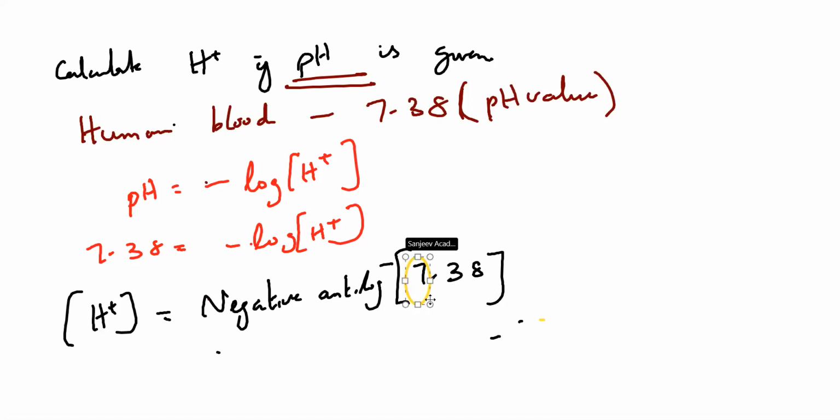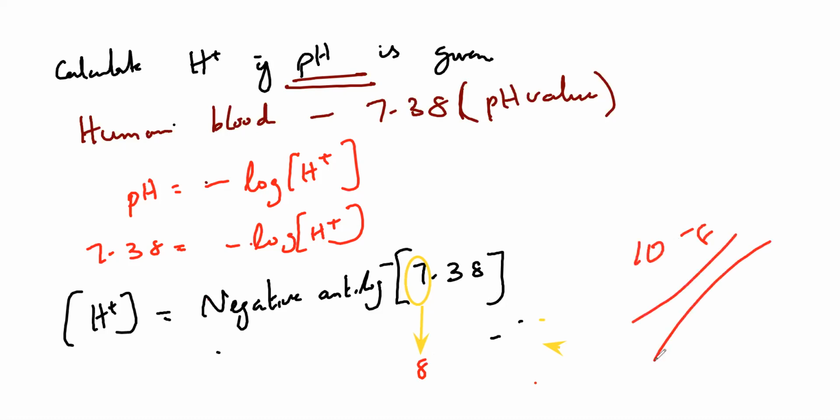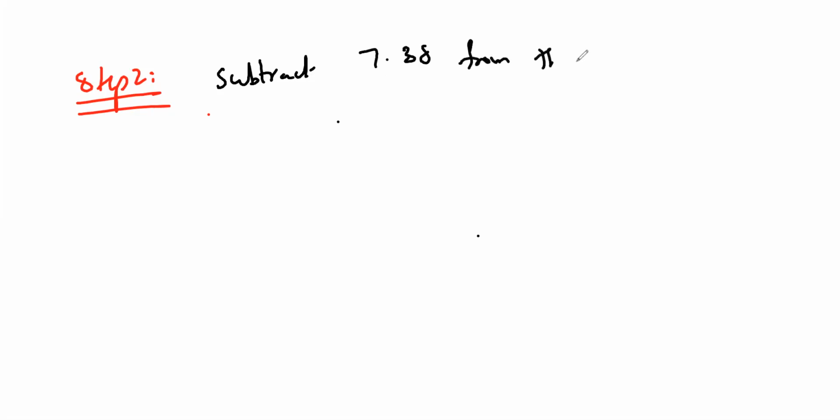So first step for this: the 7, I have to put it to what? 8. 7 to 8 and then put in terms of 10 power minus 8. That's it. Step number 2, subtract 7.38 from 8.